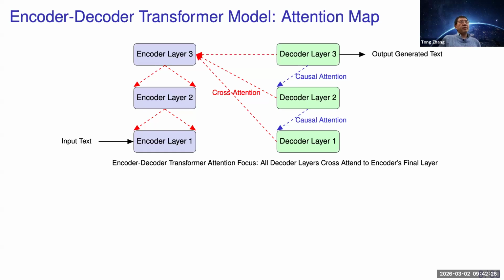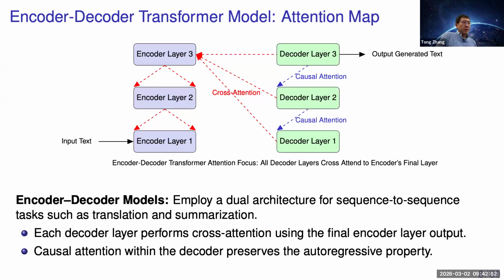So this is the original Transformer model, and the idea is the encoder gives a better representation of your information because it's bidirectional attention, and the decoder can be used to generate. So the claim is that it's the best of both worlds, right? But in reality, there are some complications.